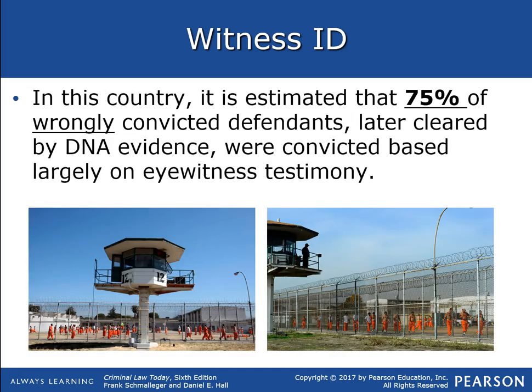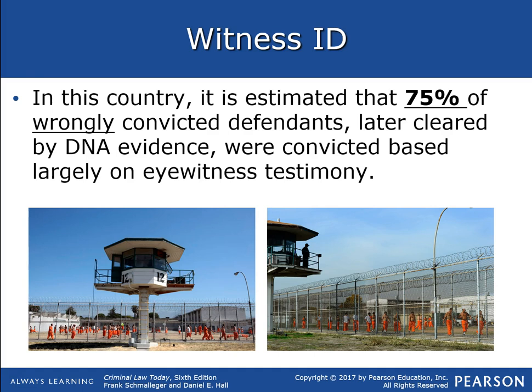In this country, however, it is estimated that 75% of wrongly convicted defendants, now again, that's not those where a person had something out for somebody else, so they lied to convict them. It's a bad ID. Somebody was identified wrongly, if you will.